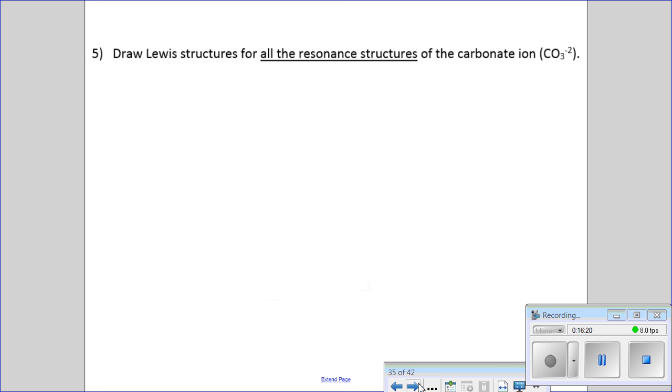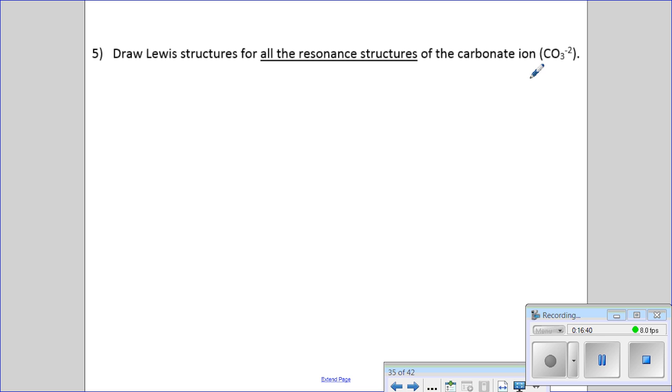All right, next, draw Lewis structures for all the resonance structures of the carbonate ion. So in the practice before this, we did the nitrate ion, NO3-1, and looked at the resonance structures for that. So this is going to be similar.